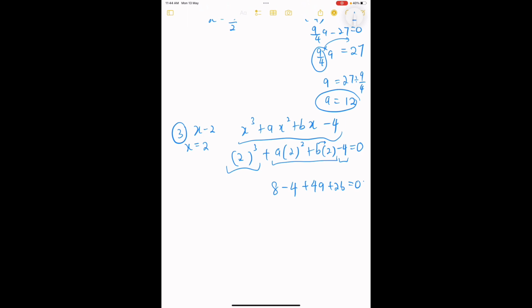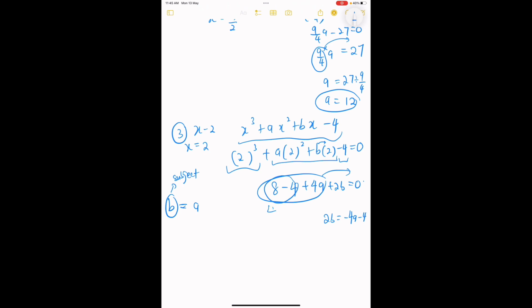Okay, the question asks you to express b in terms of a, so b as subject. So you move everything other than b to the right. It will become 2b is equal to minus 4a minus 4. Why minus 4?